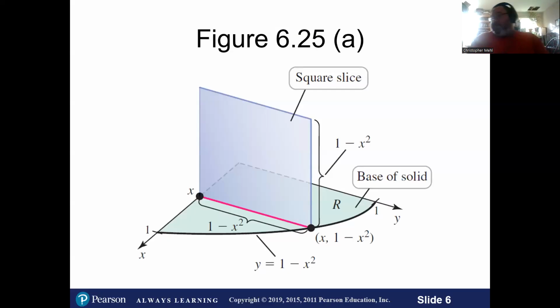The first example we'll look at here is the volume of what we'll call a parabolic cube. R is going to be the region shown here, the region in the first quadrant that's bounded by the coordinate axes and the curve y equals 1 minus x squared.